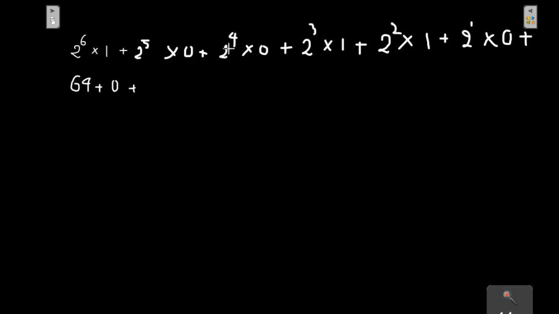Again 2 to the power 4 equals 16, but 16 times 0 is just 0, so we'll write 0, plus 2 to the power 3 is 8, 8 times 1 is 8, plus 2 to the power 2 is 4, times 1 equals just 4, and 2 to the power 1 is 2, but it's times 0, so it will be 0.